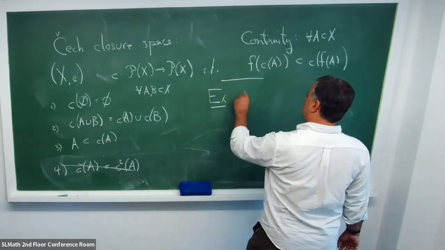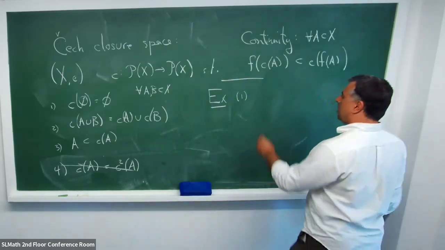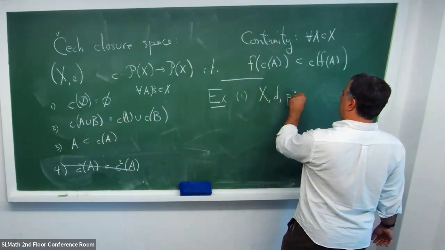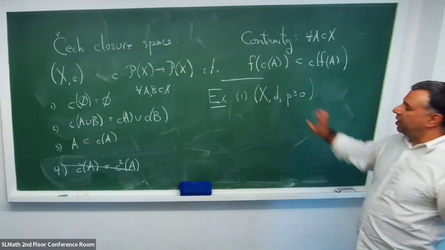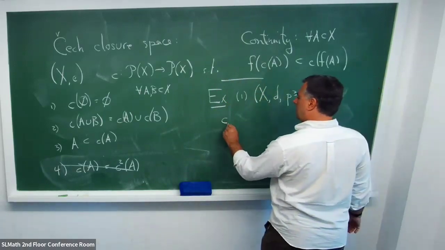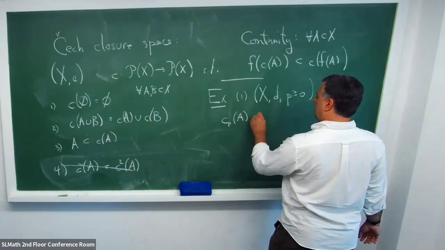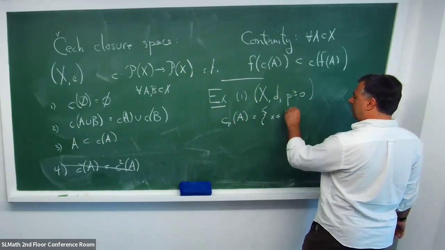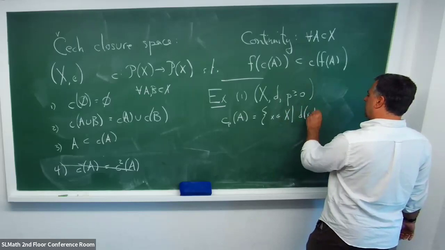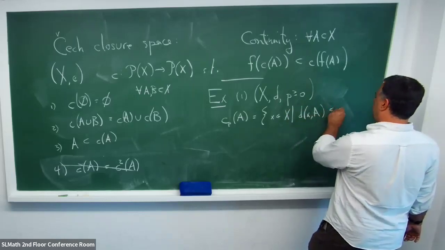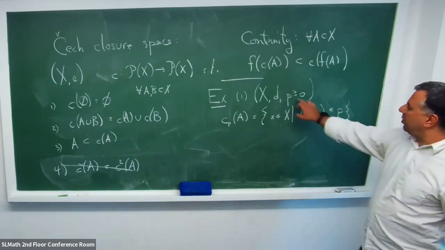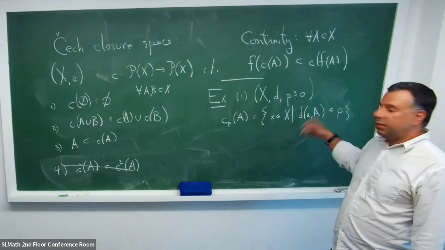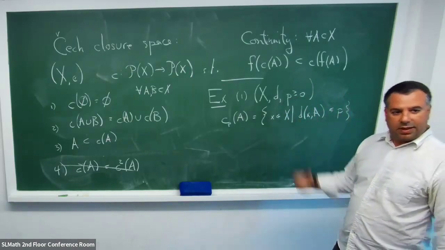So the first set of examples: suppose you have a metric space and some scale p. Then the closure of a set A will be all of the elements x of X such that the distance between x and A is less than or equal to p. So I'm going to thicken A by p. When p is 0, you get back just the standard topology. But when p is non-zero, then you have something that's not topological, and that is a closure space.